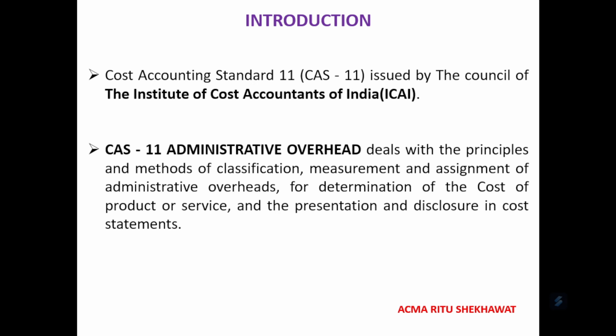First, general management cost, second, cost of infrastructure, and third, shared services. Admin overhead comprises items like employee cost, utilities, office, legal expenses, supplies, any outside services, etc. So this is the administrative overheads.